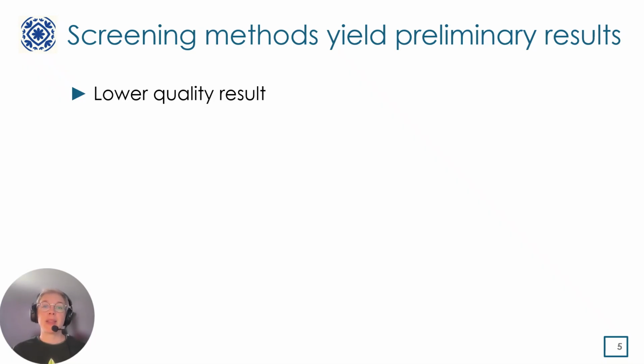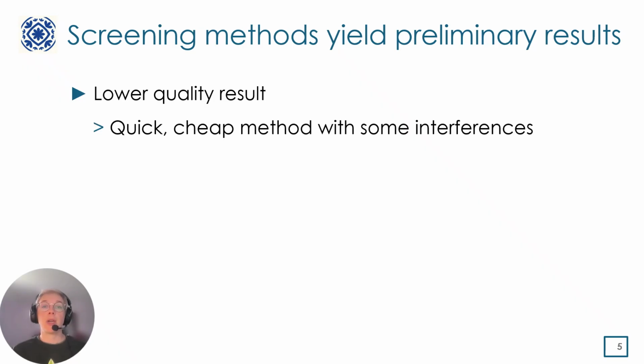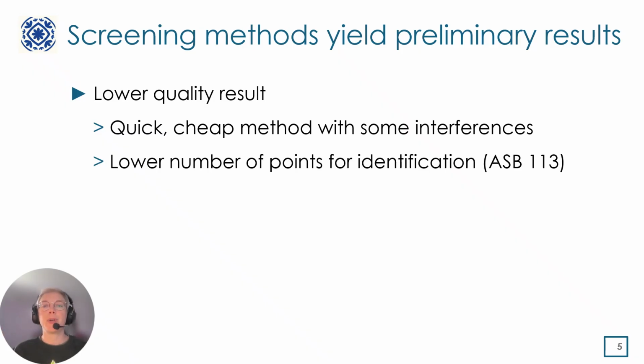So a screening method yields a preliminary result. We're typically referring to a quick, cheap method with some interferences. Its, quote unquote, lower quality is reflected by the lower number of identification points granted within ASB 113.